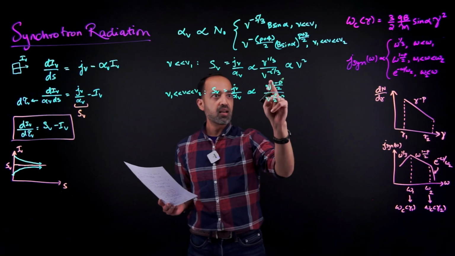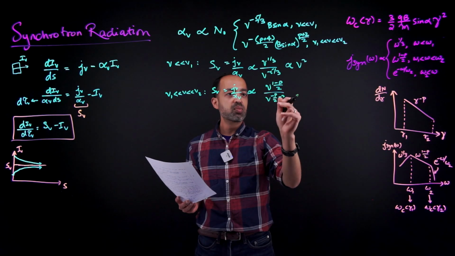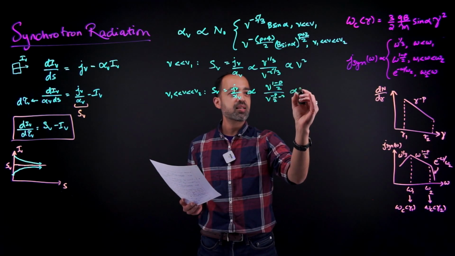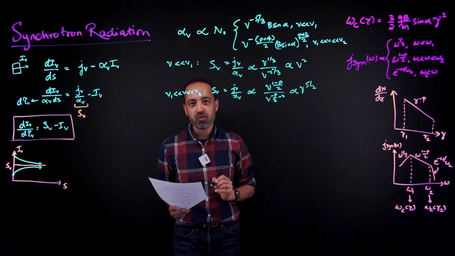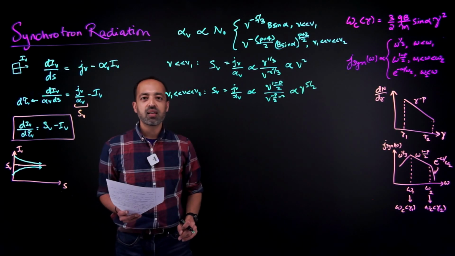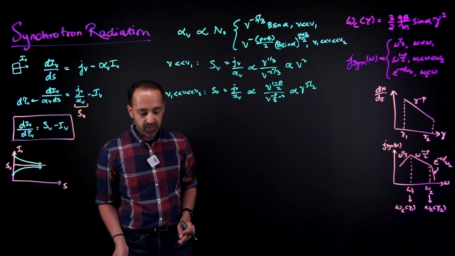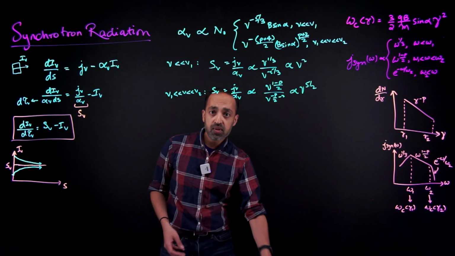So this is half minus p over 2, and this is minus p over 2 minus 2. And so the p parts cancel, and you'll get nu to the 5 halves power. And so that's the source function in that particular part of the frequency space.